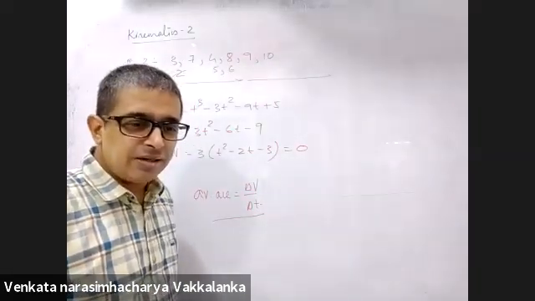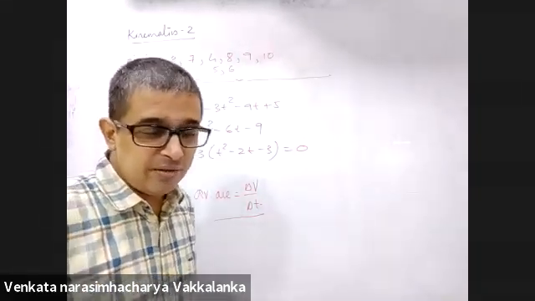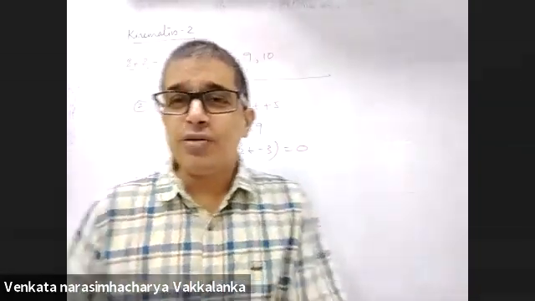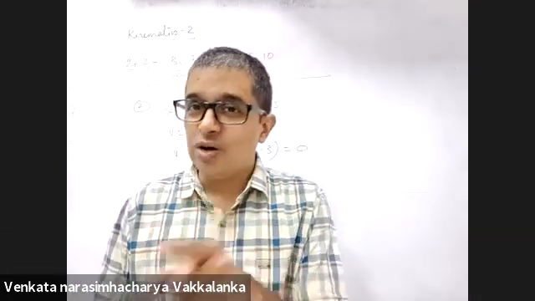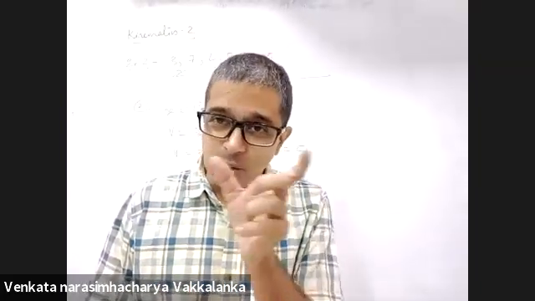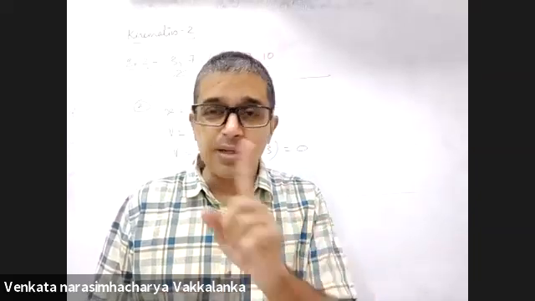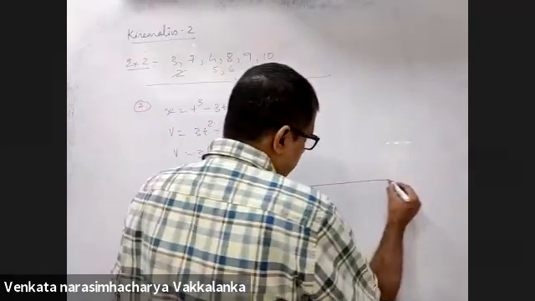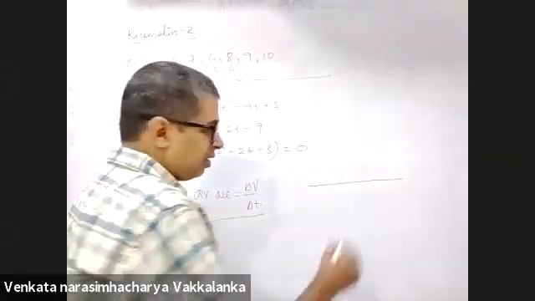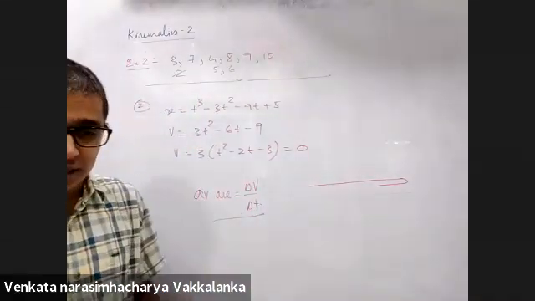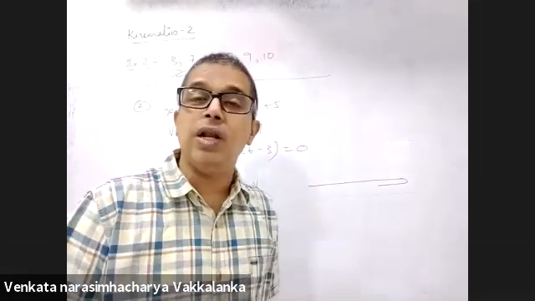Now, last option: in the time interval 5 to 7 seconds, distance is equal to the displacement. You understood the catch in it. I already explained in today's class. If velocity becomes 0 somewhere between 5 to 6 seconds, then distance and displacement will not be the same. Distance and displacement are the same only when traveling in the same direction.